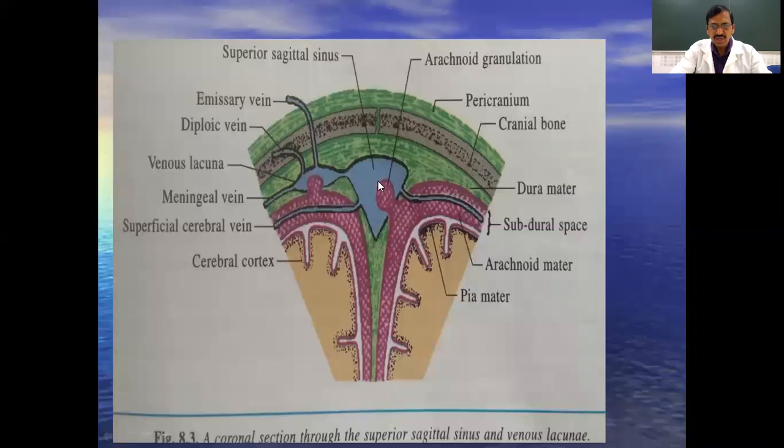If there is an infection in the superior sagittal sinus, it leads to a clinical condition called dural venous sinus thrombosis.